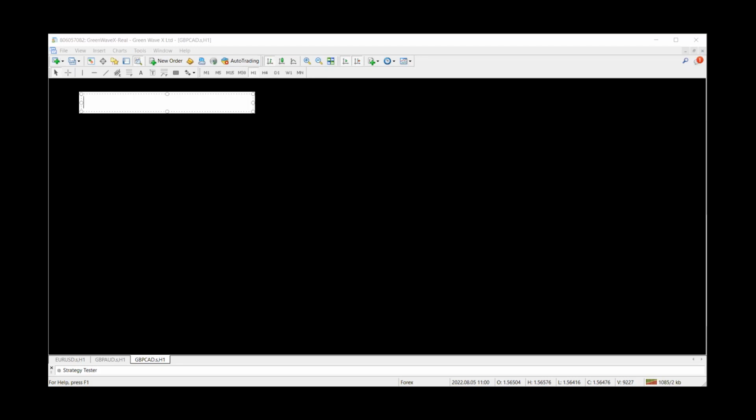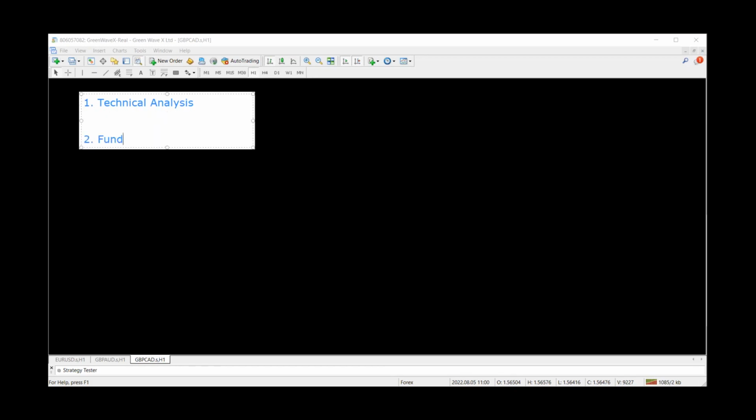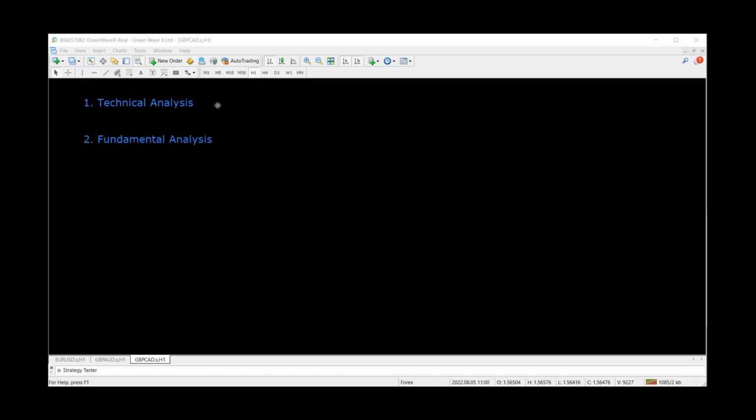The first category is what we call technical analysis. And then the second one is what we call fundamental analysis. So what do we mean by technical analysis and what do we mean by fundamental analysis?